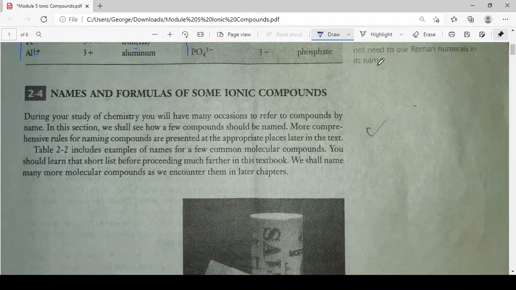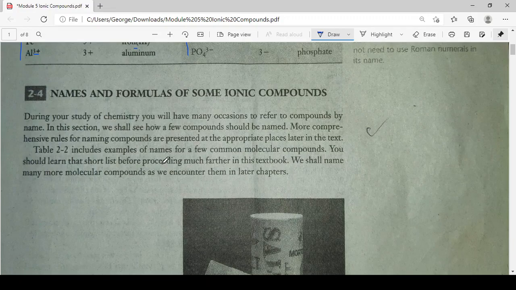So, next, 2.4, names and formulas of some ionic compounds. During your study of chemistry, you will have many occasions to refer to compounds by their names. In this section, we shall see how a few compounds should be named. More comprehensive rules for naming compounds are presented at the appropriate places later in the text.